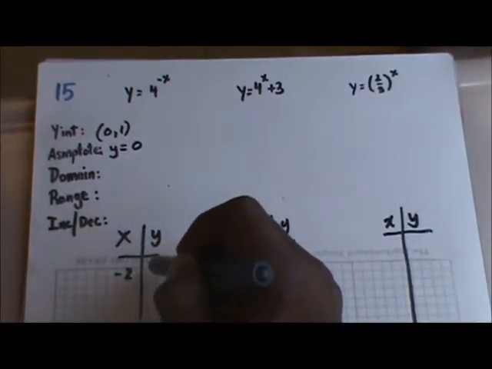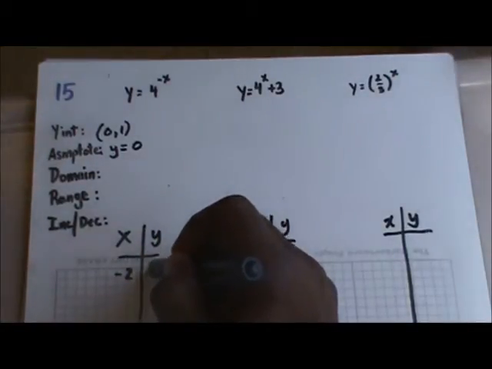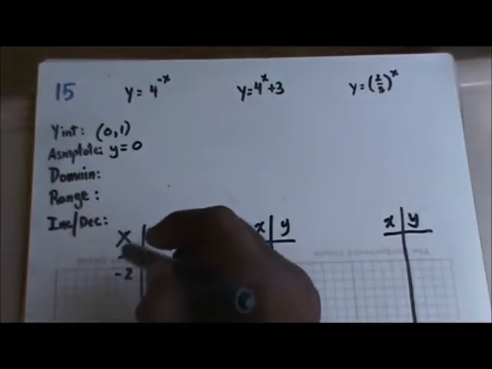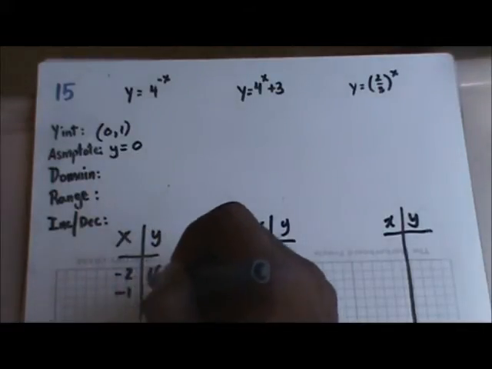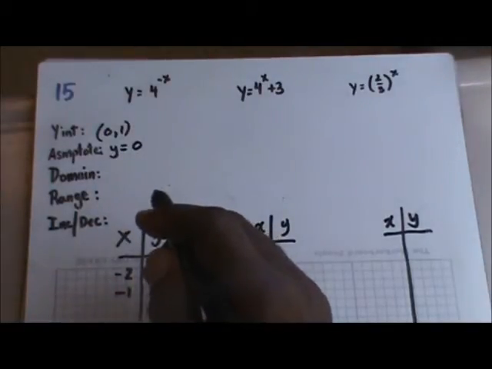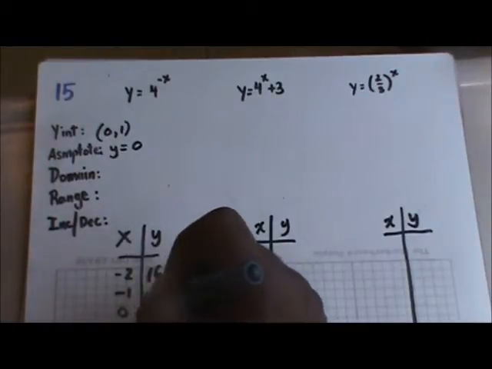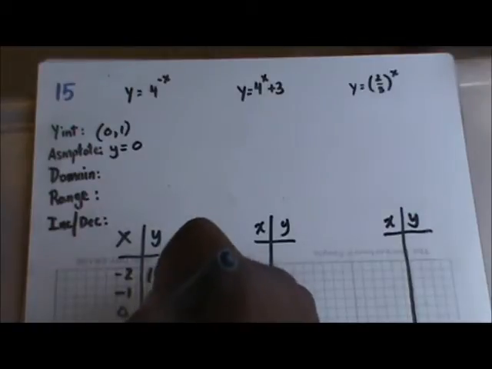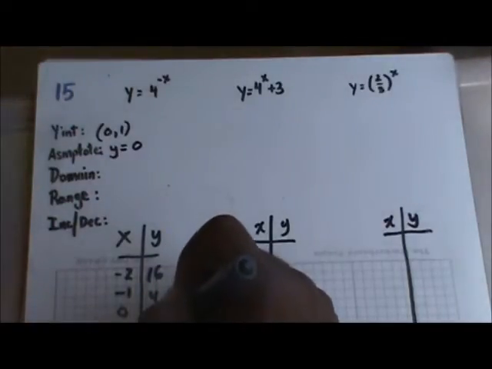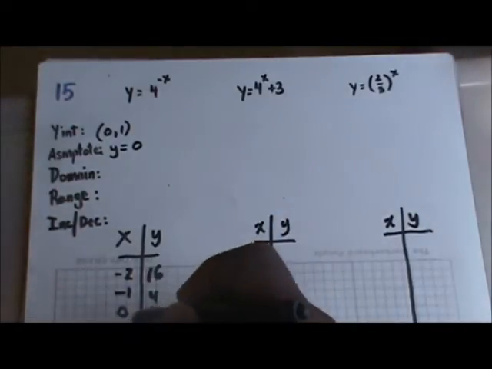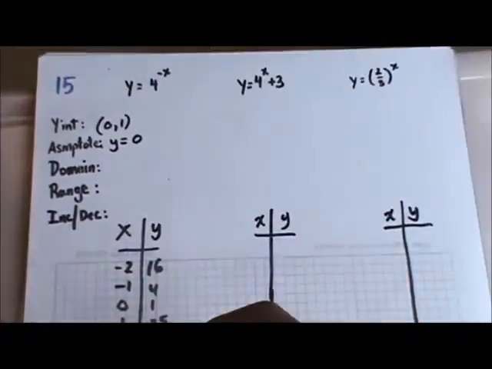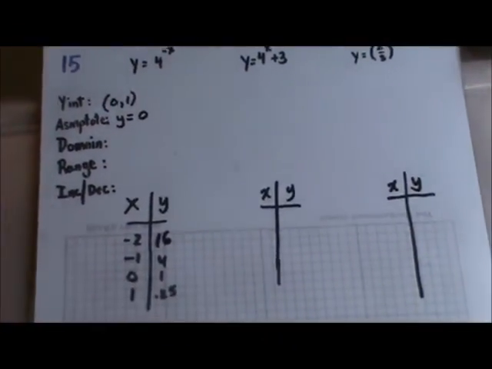We've got -2, 16, which might be too much, but a good place to start. Then -1, 4; 0, 1; and 1, which is 0.25 or 1/4. That's what's going to fit on our graph when we graph this.